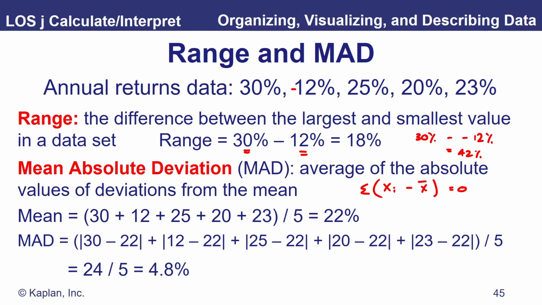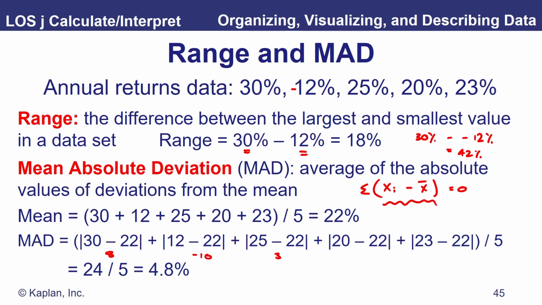Notice, first of all, we've just simply calculated our arithmetic mean by summing the values 30 plus 12 plus 25 plus 20 plus 23, and then dividing by 5. Okay, and that gives us 22%. Notice then, MAD starts doing this computation, looks at each value and subtracts the arithmetic mean. So 30 minus 22 gives us plus 8. 12 minus 22 gives us minus 10. 25 minus 22 gives us plus 3. 20 minus 22, minus 2.